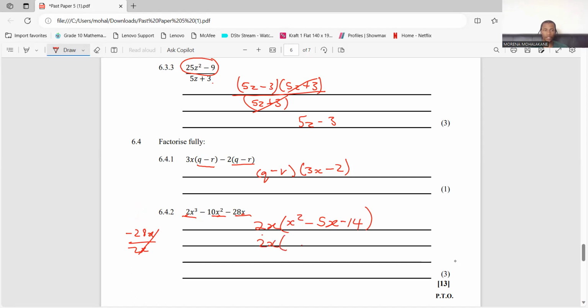Looking at the factors of negative 14, it's 7 and 2. 7 and 2 can give you a 5, right? So I have x, this is 7 here, this is 2. Then x. The sign goes to the bigger number.